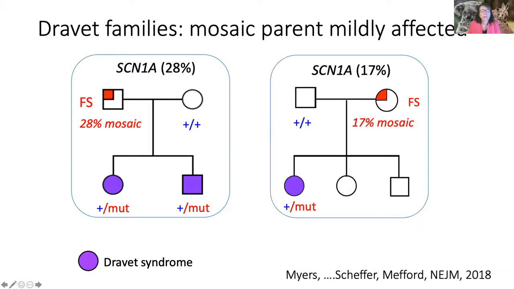In the other family, we had a little girl with Dravet syndrome, quite a high performing child with Dravet syndrome, in that she has only mild intellectual disability. She had a mutation. Her mother also had a history of febrile seizures and was 17% mosaic in blood. So they're certainly at risk of having a second affected child.